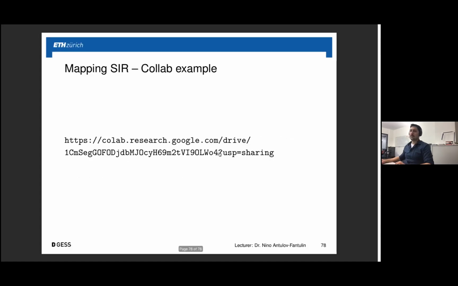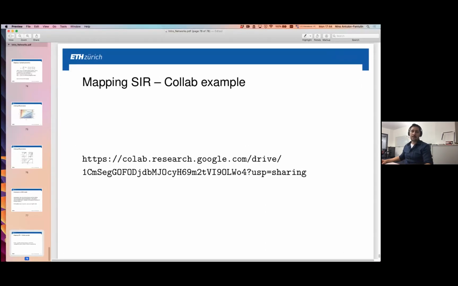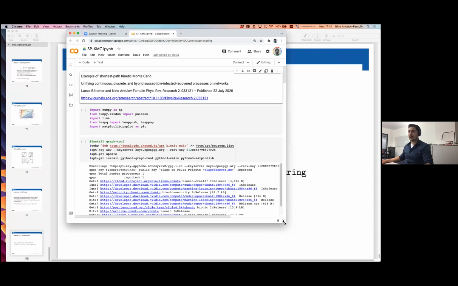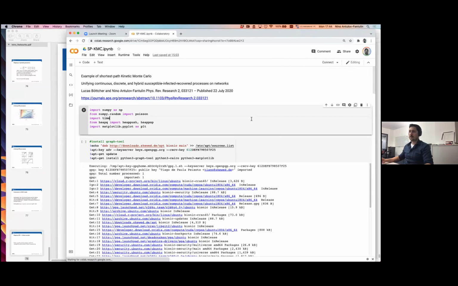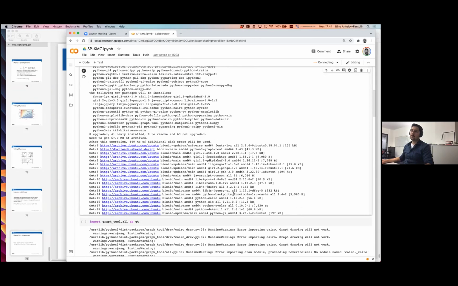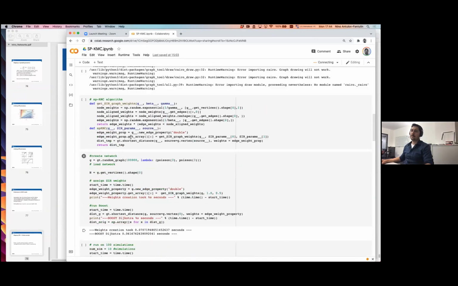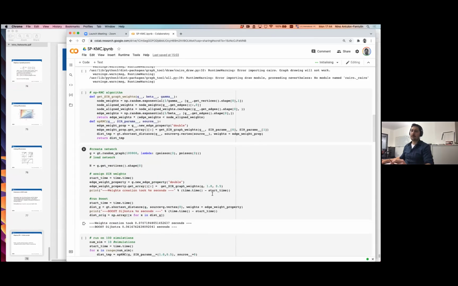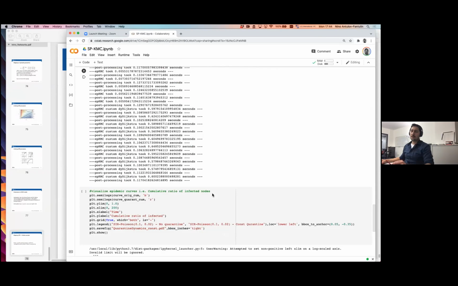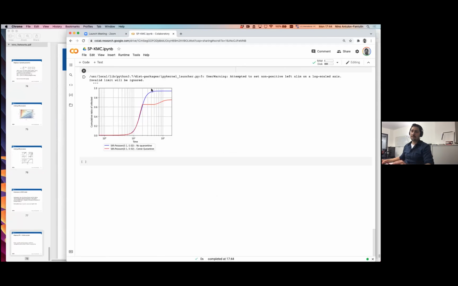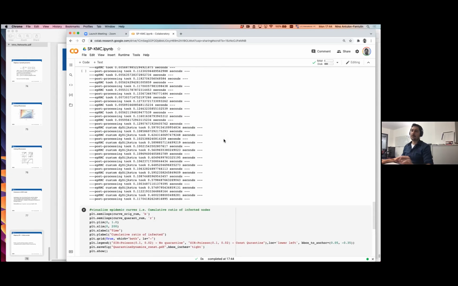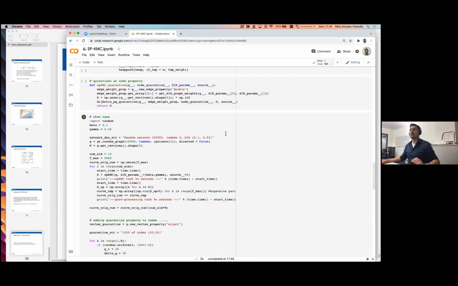And also you can try out, for example, the mapping process and quarantines in this Google Colab, where you can install the libraries, and where I have implemented this algorithm for you so that you can play with it and get different types of trajectories. So this is only optional for people that want to analyze epidemics with this type of mappings.